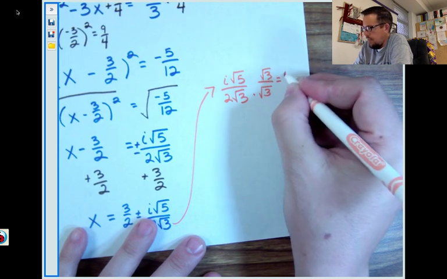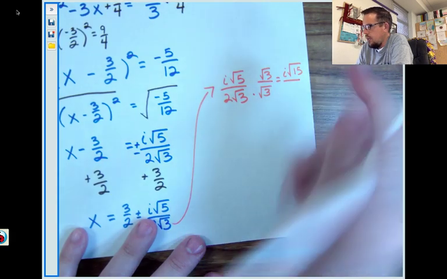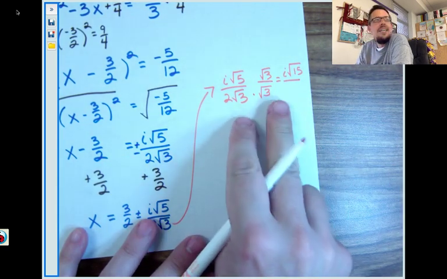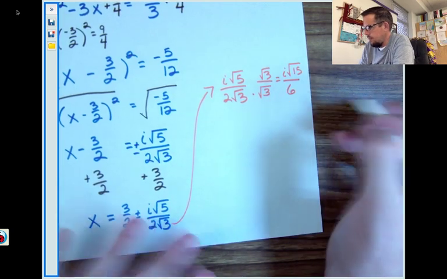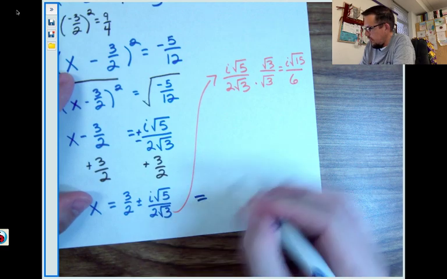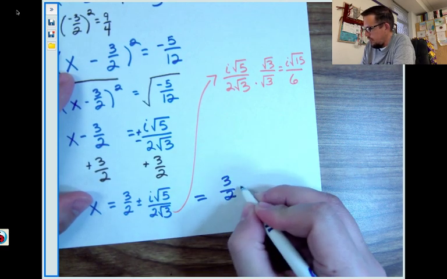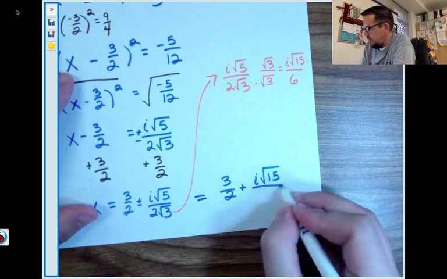So on the top, it'd be i root 15. And on the bottom, 2 root 9. But that's just 2 times 3, 6. So my answer is 3/2 plus i root 15 over 6.